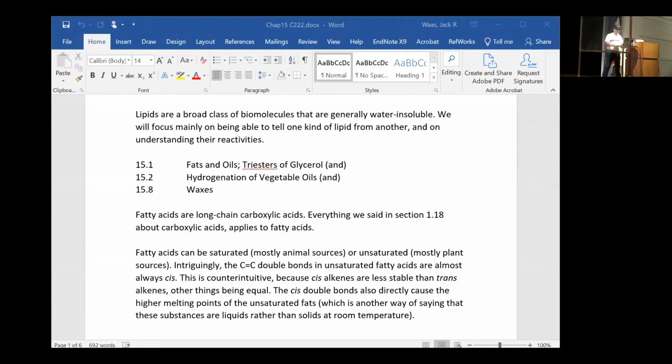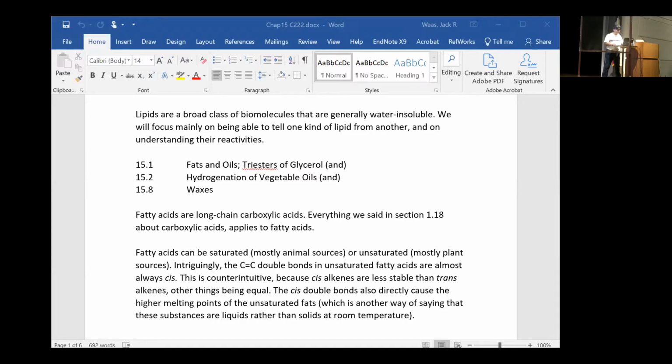But a lot of these biochem chapters give me very few questions that I can actually share with you. Most of them go very far afield and are not things I want you to focus on. The same thing in chapter 15. We're going to steer clear of biological function and molecular biology topics, not because there's something wrong with those topics, but because I don't think they belong in an organic chemistry class, and I don't consider myself qualified to teach you on it, much less examine you on it.